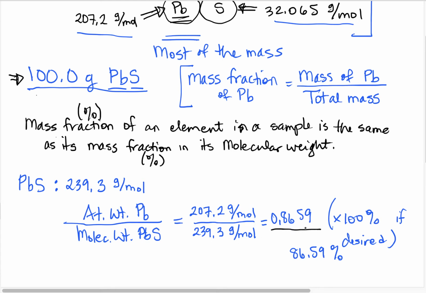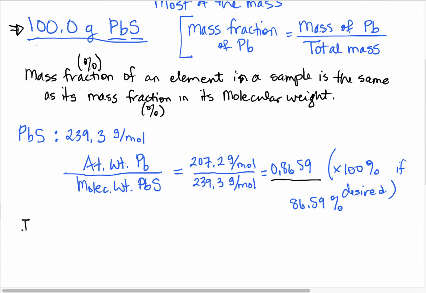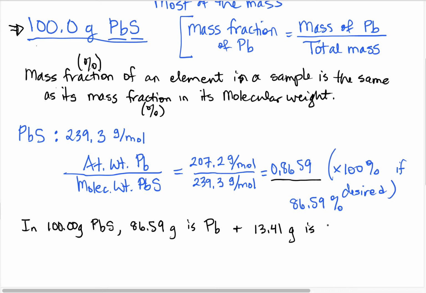And our fraction of lead is 0.8659. That means that in 100 grams of lead sulfide, 86.59 grams is lead atoms. And 100 minus 86.59 would be 13.41 grams is sulfur atoms.